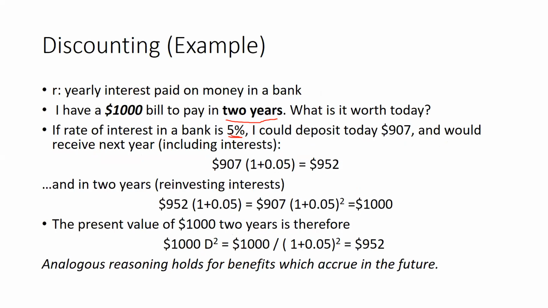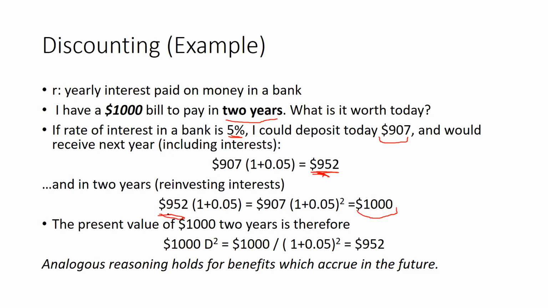We're not assuming inflation or anything complex. But if I deposit $907 today, in 1 year, it'll be that $952 we saw in the last slide. And if I reinvest that $952, it'll be worth $1,000 in year 2, starting at year 0.